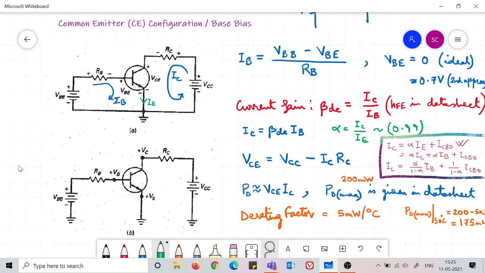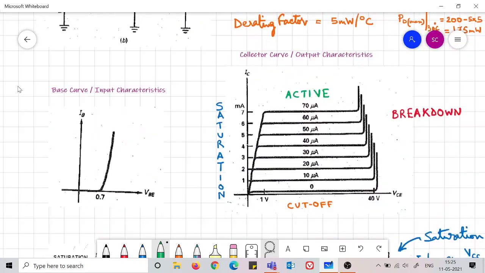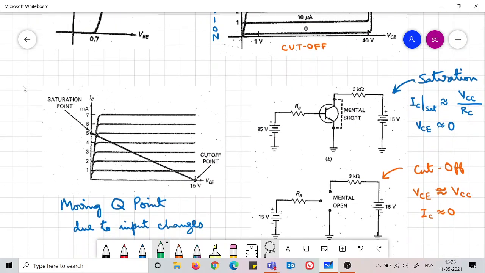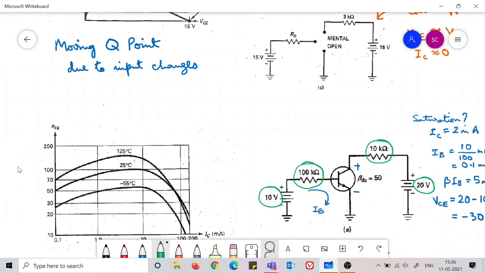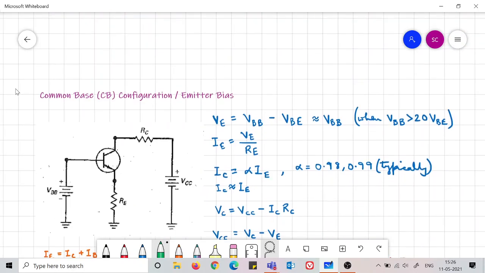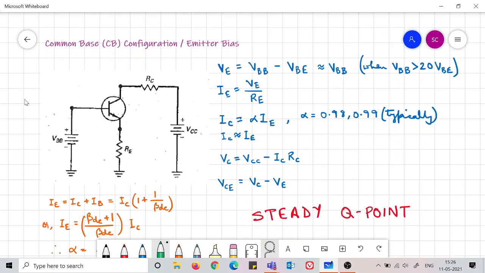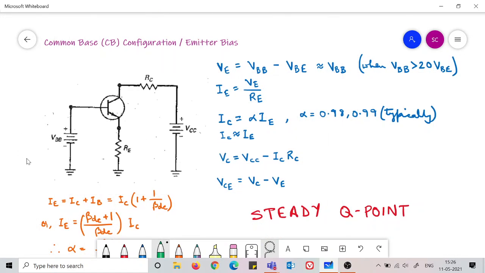So here it is common emitter and is called base bias also. Sometimes it's also called fixed bias. I don't know why the name fixed is given, because the Q point is not fixed, but nomenclature is very tricky in this engineering field. Now you see the common base configuration.